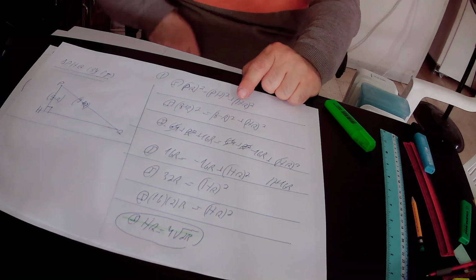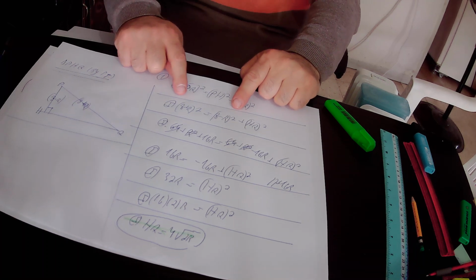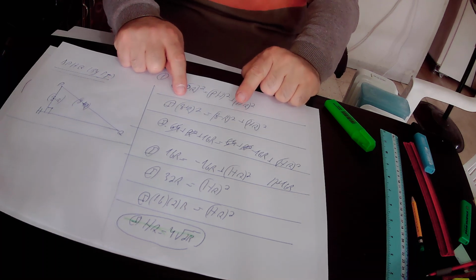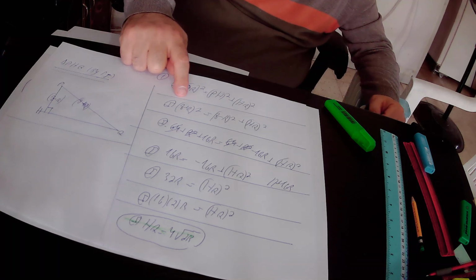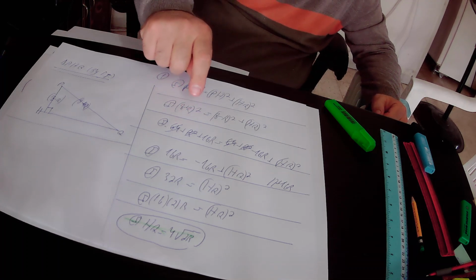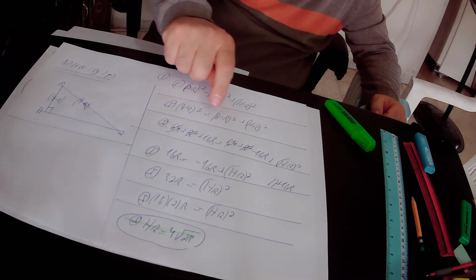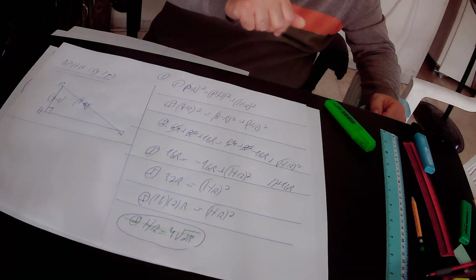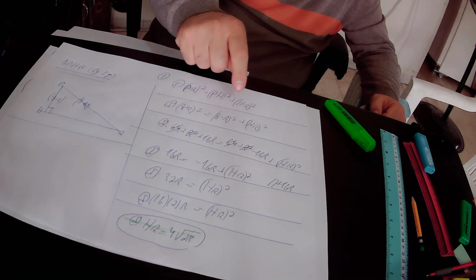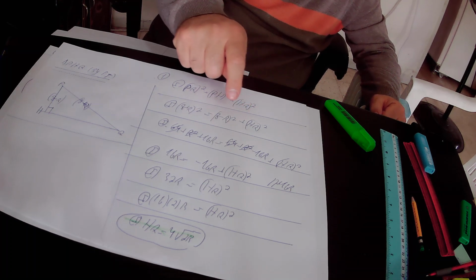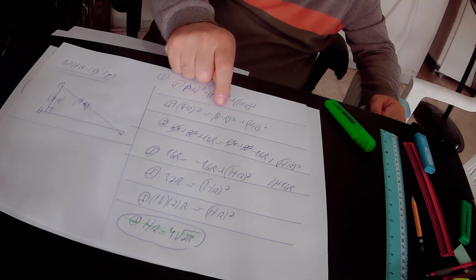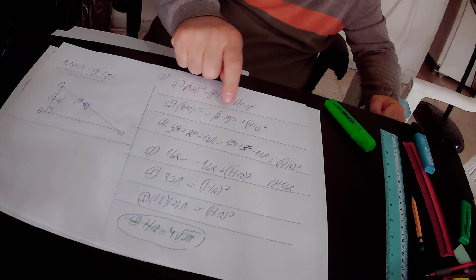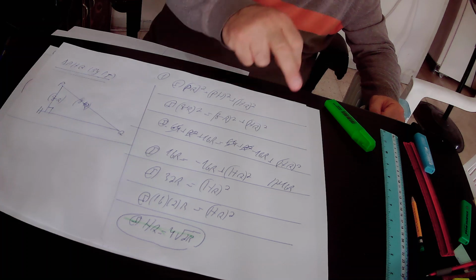We open the brackets on both sides of this equation, equation 1. (8 plus r) squared equals 8 squared, that is 64, plus r squared, plus 2 times 8, that is 16 times r, so plus 16r. This is equal to (8 minus r) squared, which equals 8 squared, that is 64, plus r squared, minus 2 times 8 times r, so minus 16r, plus HQ squared.